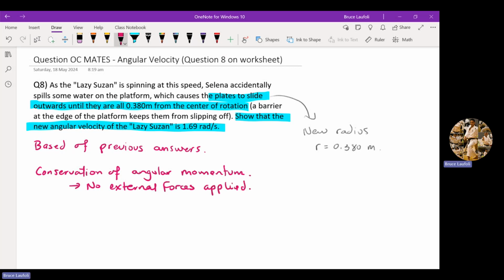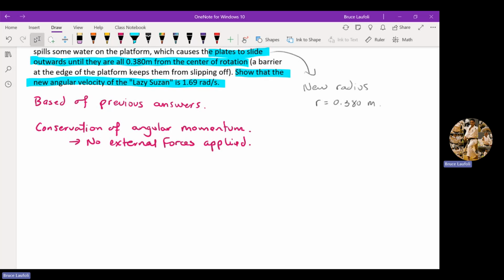Provided that is the case, we can then say that the initial angular momentum of the system should equal the final angular momentum.